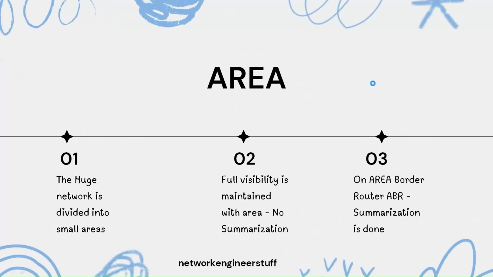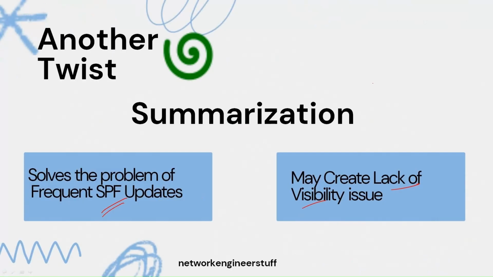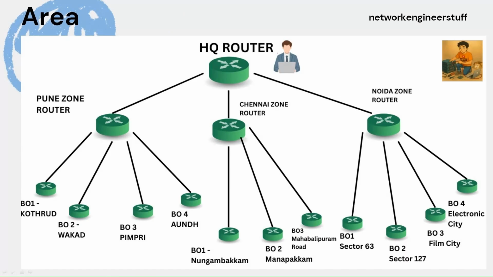So how can we solve this problem of lack of visibility also? We need to find some solution, right? That there should be no frequent OSPF updates, okay, and also there should be no lack of visibility. So solving these two problems together, the solution is creating areas, and within areas we'll do no summarization.